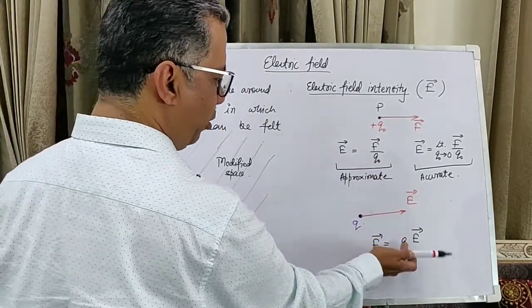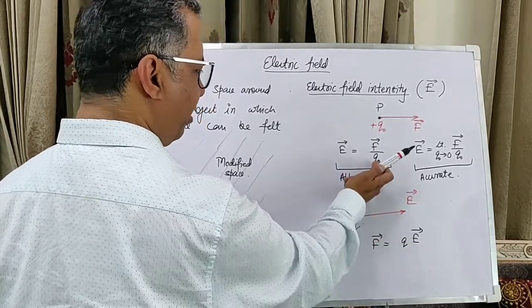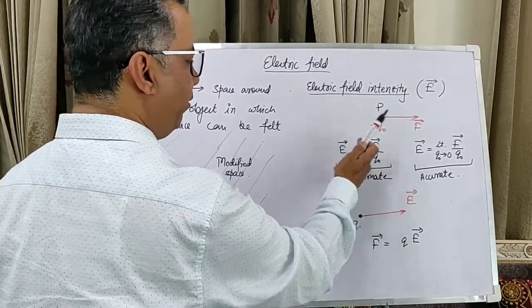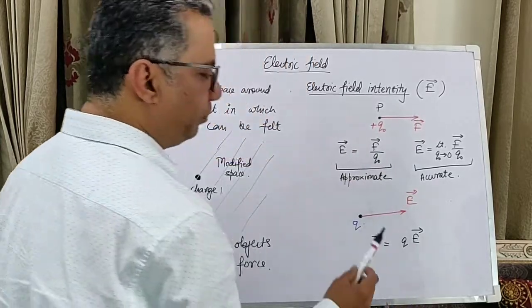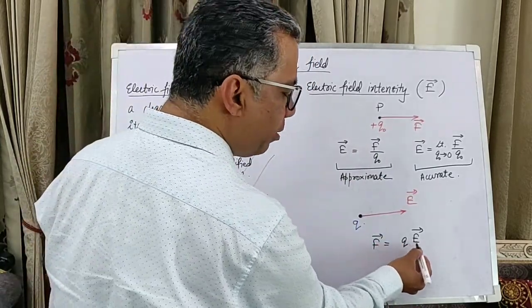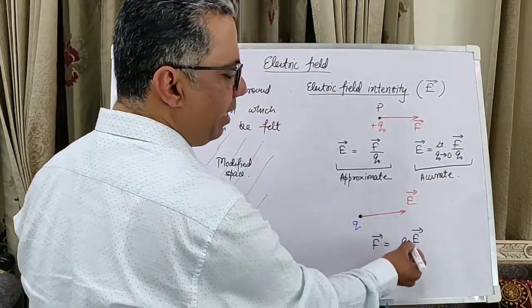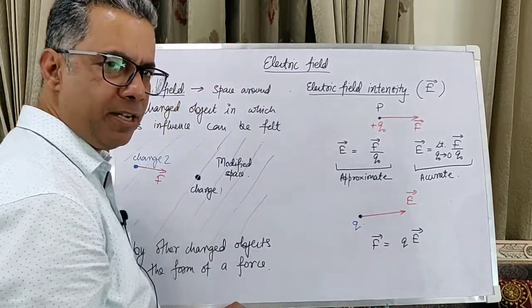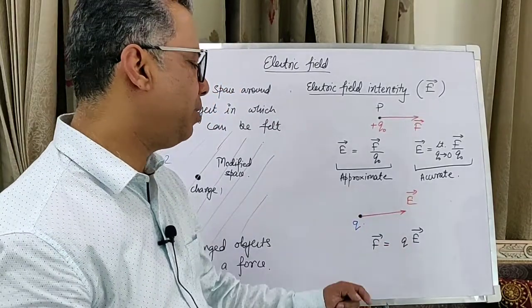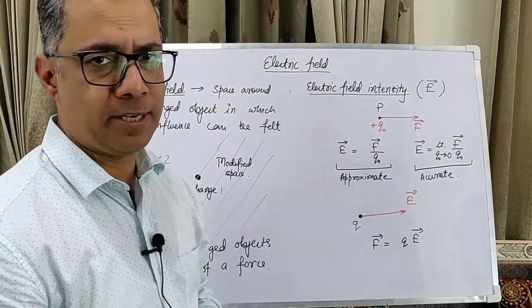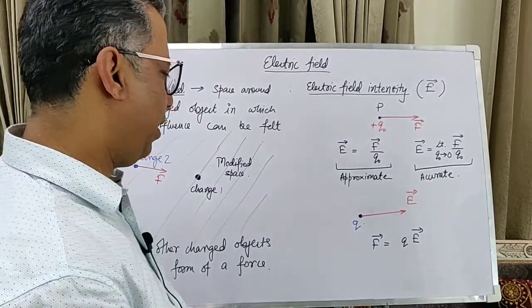We've placed a charge Q in place of Q naught, so F equals QE. So if at a location there is an electric field E and we place a charged particle carrying a charge Q at that location, then the force acting on it is Q times E.